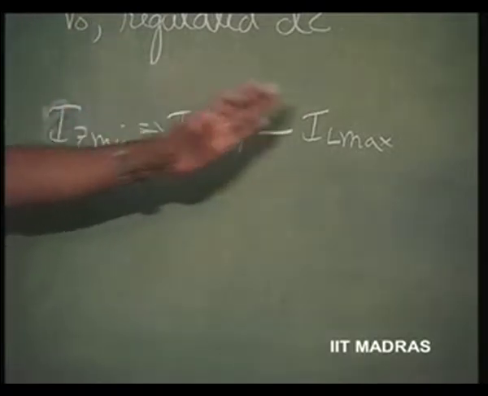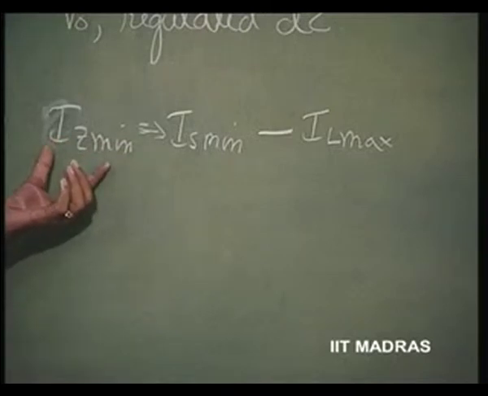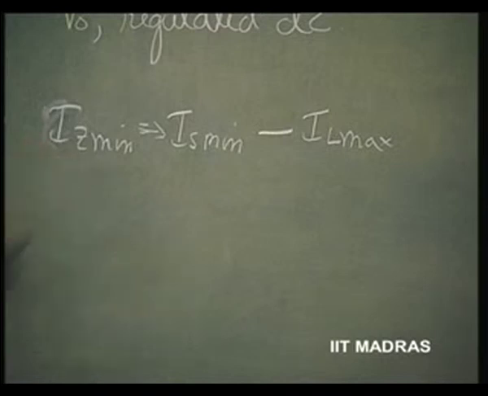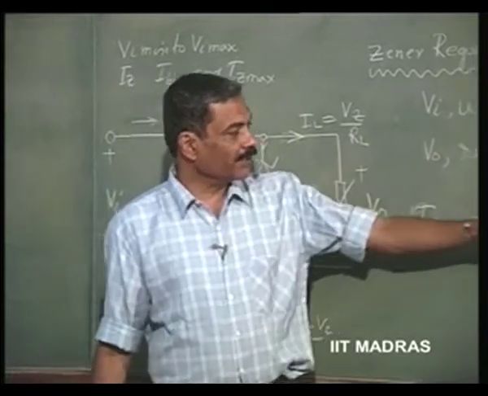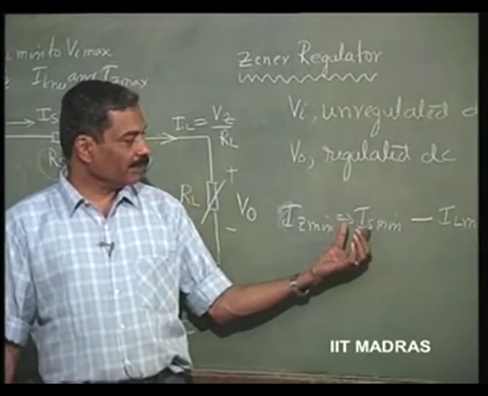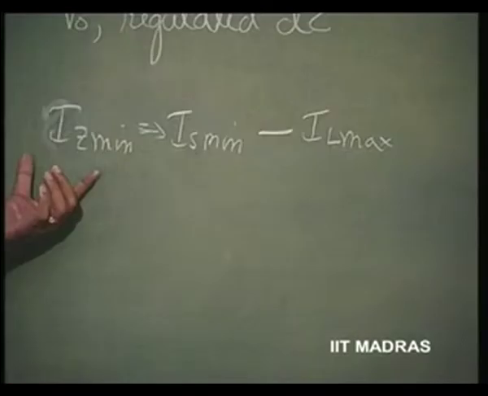If I take the maximum load current from the minimum I S value, that is the lowest current that can ever flow through the Zener. So, if I know the load variation and what the I L maximum is, then I subtract I L maximum from I S minimum, and that is I Z minimum.